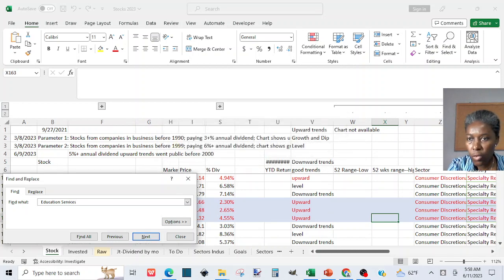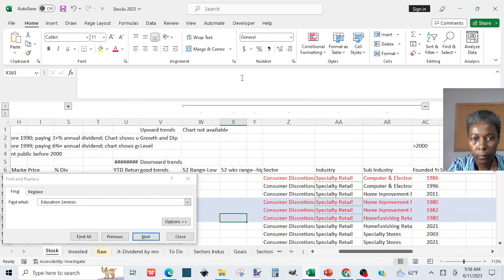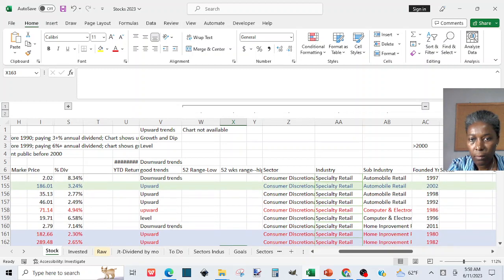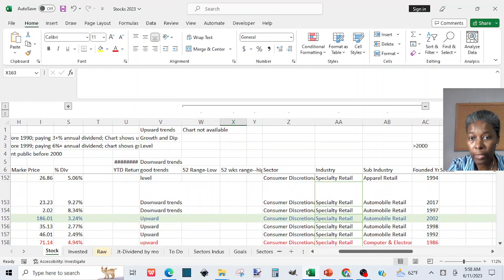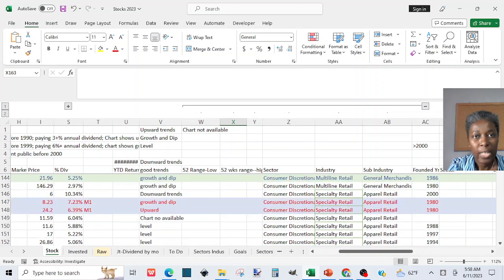I have consumer discretionary. And keep in mind that even those sector industries change.